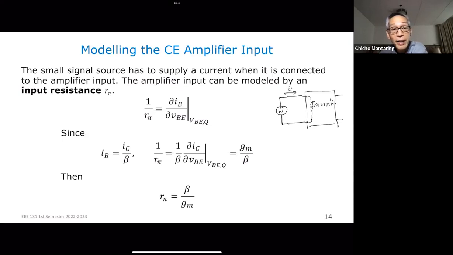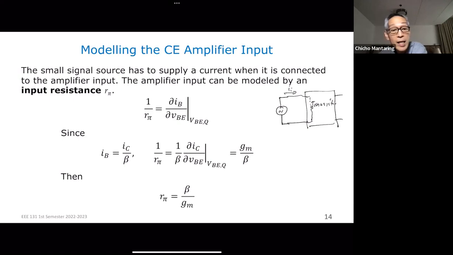Okay, so the input resistance R sub pi is the reciprocal of this, no? The partial of IB with respect to VBE. 1 over R sub pi is equal to the partial of IB with respect to VBE. The rate of change in input current with respect to input voltage. And we evaluate that again at our quiescent point.